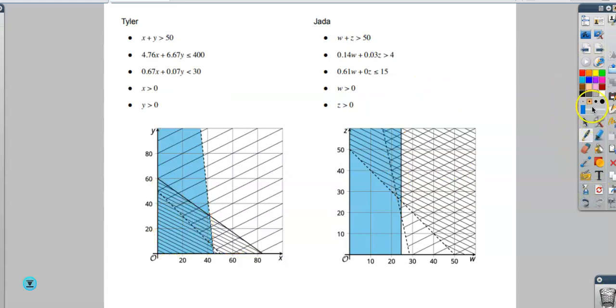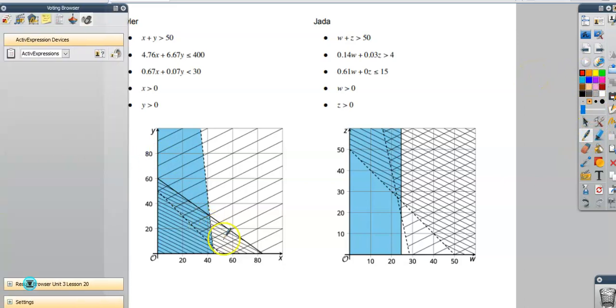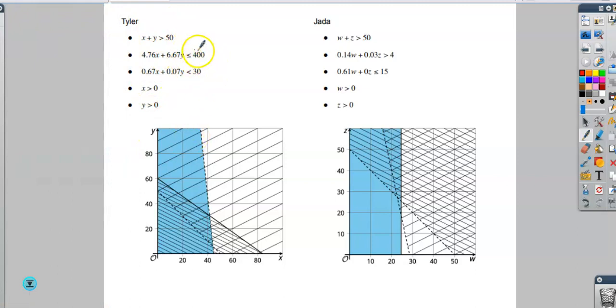So on the graphs, which of these lines? Well, we can look at the or equal to, it has to be this solid line, right? Because it has the or equal to. So this line represents that or equal to, which we said was calories, right? So that's the calorie constraint.